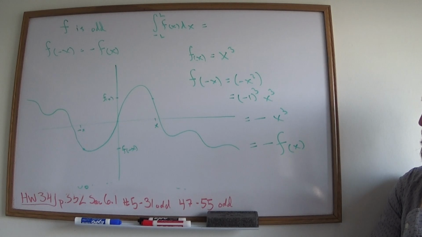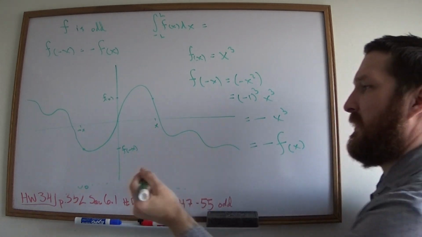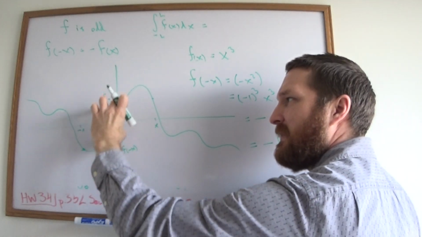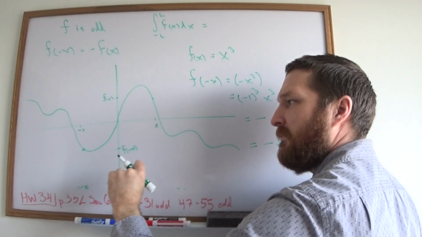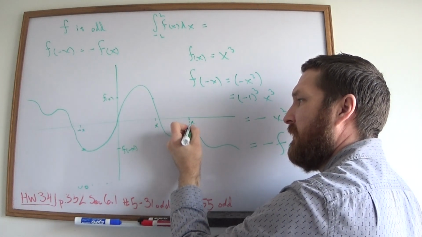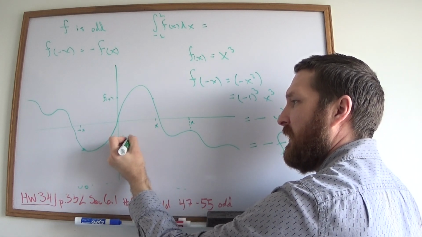Right? It's f of negative x. It's the same distance, but it's negative now. Or if your x were here, and it's negative, there's your f of x.